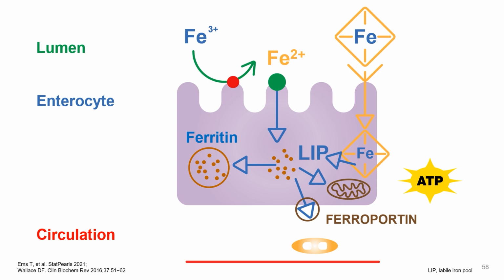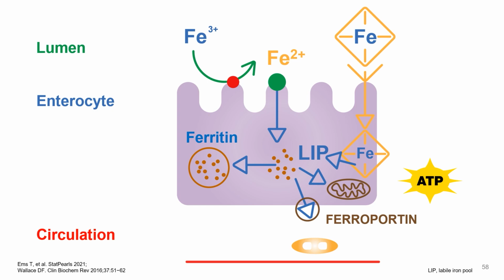And that Fe2+, which is taken into the cell here, forms what is called a labile iron pool, which if left to its own devices can cause a lot of damage to the cell, its membranes, DNA, mitochondria, and organelles. So any iron that enters the cell as Fe2+ needs to be handled very quickly and taken to safe spaces. One is ferritin.